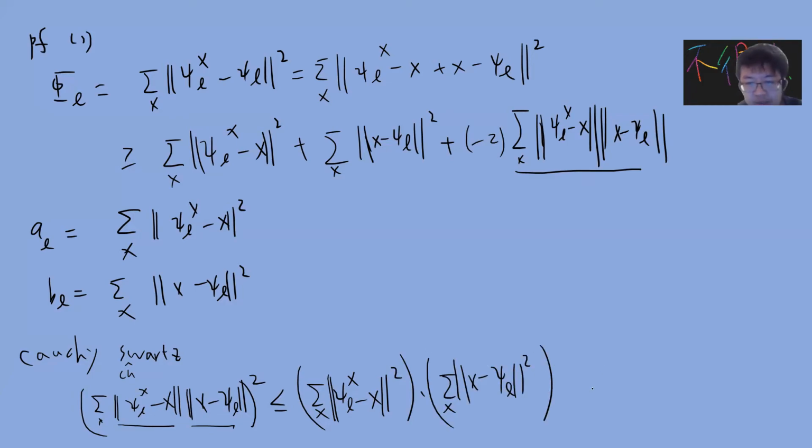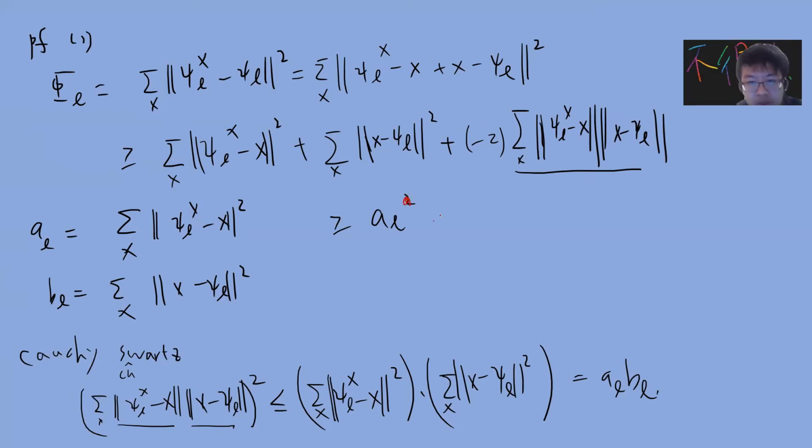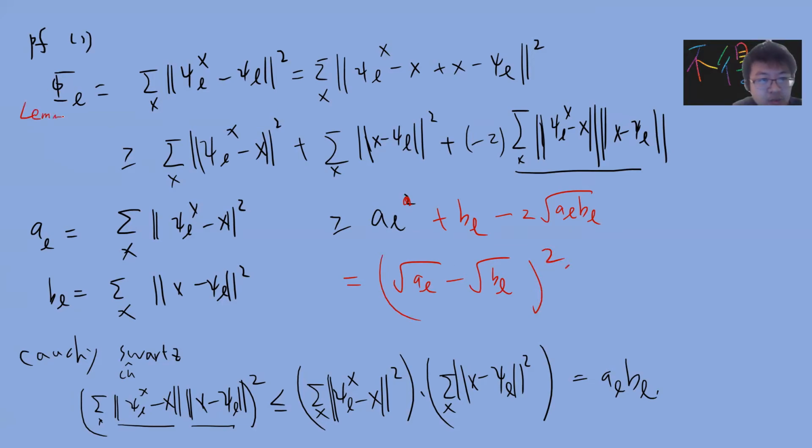So this is AL and BL. So this term is greater or equal to AL plus BL, and then these terms are less or equal to minus 2 square root of AL BL. So this is square root of AL minus square root of BL squared. So this is our lemma. We express this phi L in terms of square root of AL minus square root of BL.